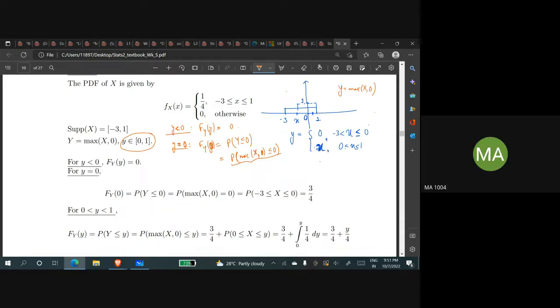And when is this happening? You're getting y to be 0 when x lies between -3 to 0. And this is 3 by 4.